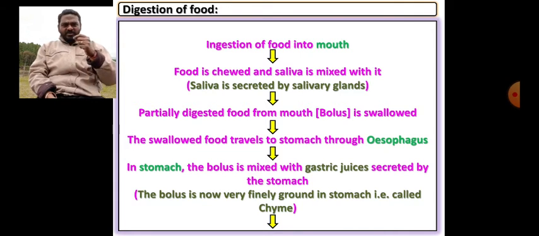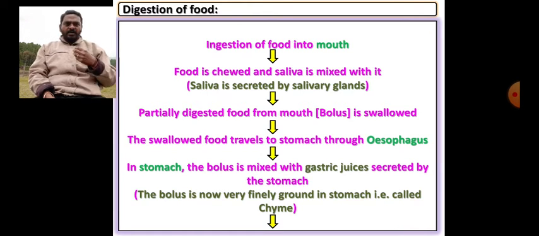When we grind food it becomes colloidal, no? That partially digested colloidal substance is technically called bolus. That bolus is swallowed, gets into the esophagus, and the esophagus takes the swallowed bolus from the buccal cavity to the stomach.